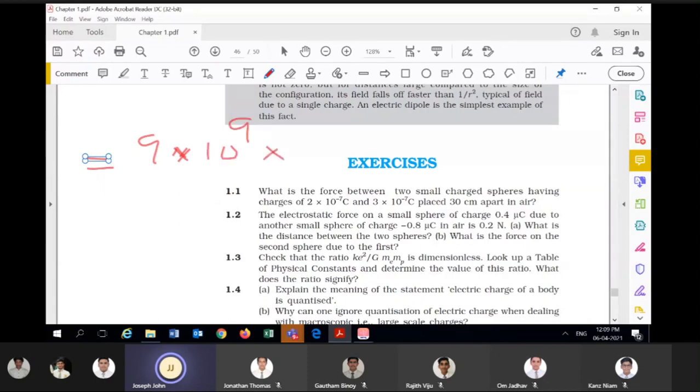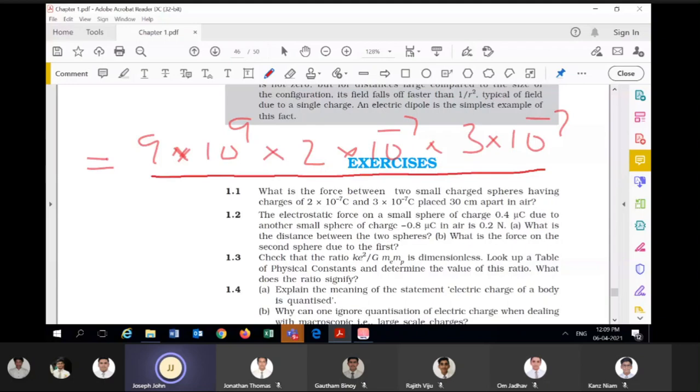Charge is how much? 2 into... next one is 3 into... divided by 30 into 10 raised to minus 2, two times. Understood? The whole square is the same as 2 times, okay? 30 into 10 raised to minus 2, the whole square is 30.